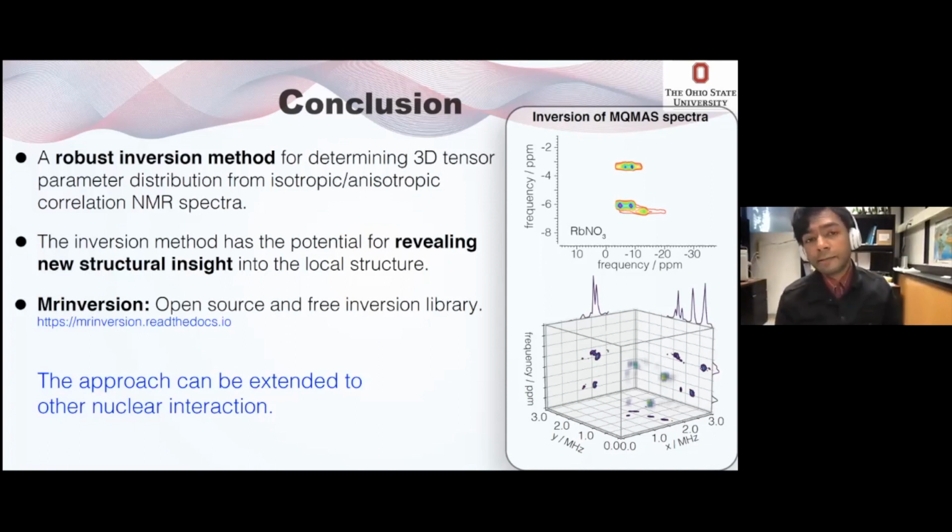What we are talking about here is that you have already separated the isotropic shifts from the sideband dimension, so it's kind of a 2D magic angle turning or PASS experiment. If you have overlapping isotropic shifts and sidebands, that will be going from a 1D to a 2D, and that will result in a massive kernel.